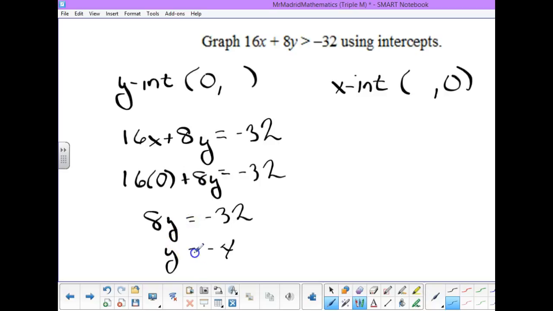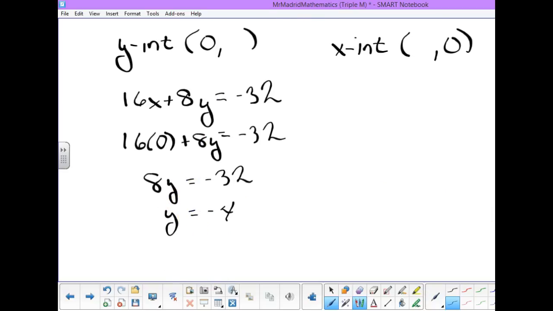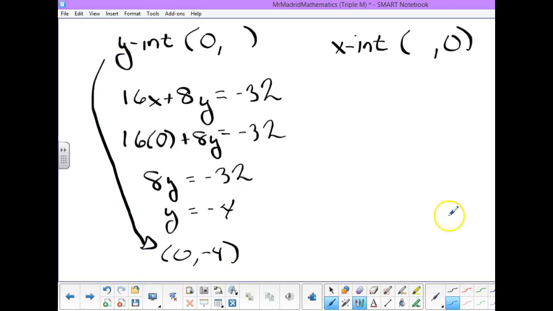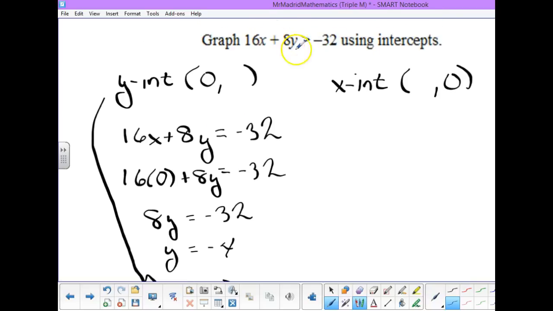So at this point, we notice that x is 0, y is negative 4, so I'm going to go and jot that down here. 0, negative 4 is my y-intercept. I'm going to follow the same procedure here to get the x-intercept. Once again, although it is an inequality, I'm going to continue by creating an equation. So 16x plus 8y equals negative 32.